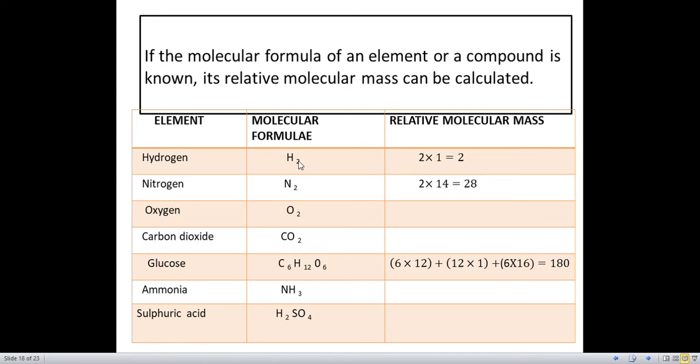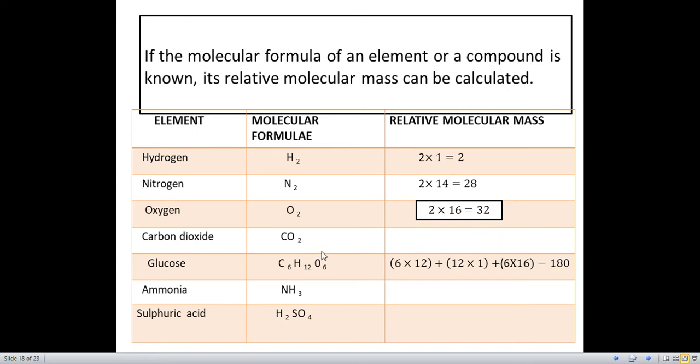There are 2 hydrogen atoms here, 2 times 1, 2. Nitrogen, atomic mass is 14. 2 times 14, 28. What is the mass number of oxygen? It's 16. So 16 times 2, 32.